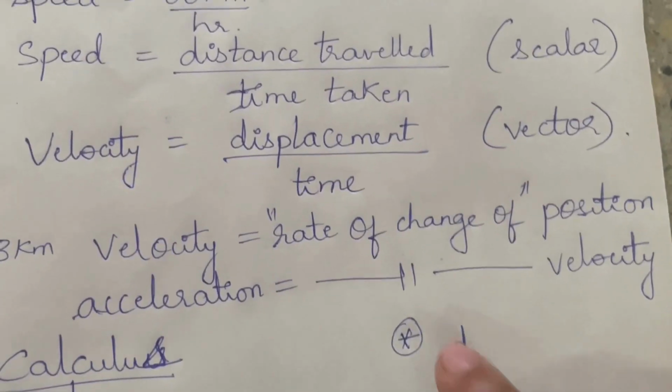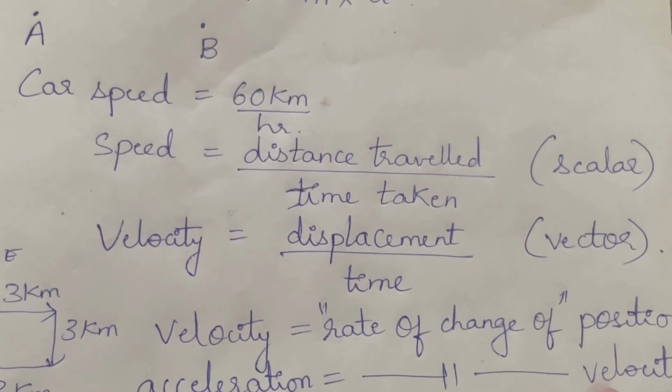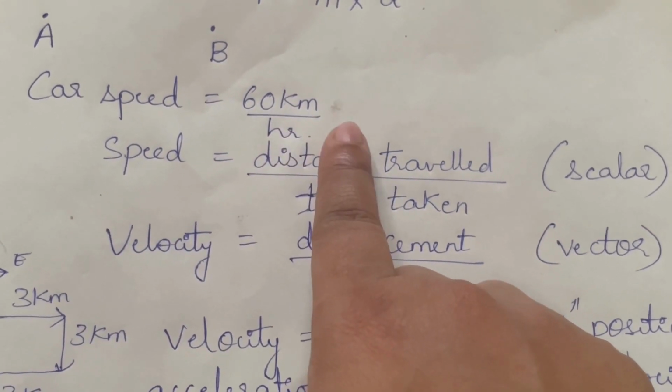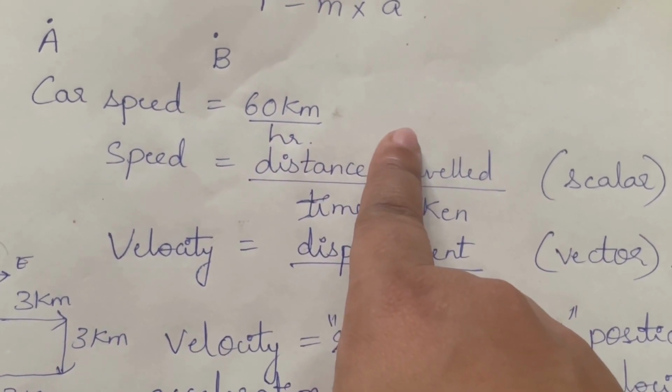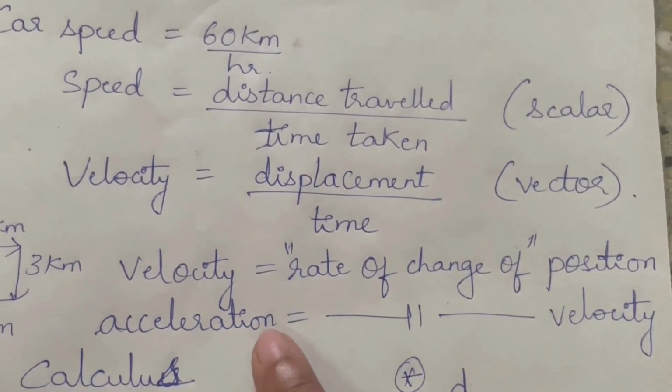Then, is the velocity changing? It is always going 60 km per hour, then 60 km per hour, then 60 km per hour. So there is no change, that is, there is no acceleration.